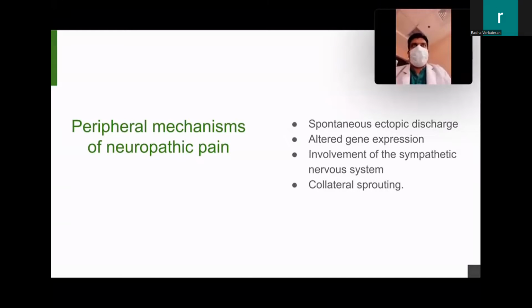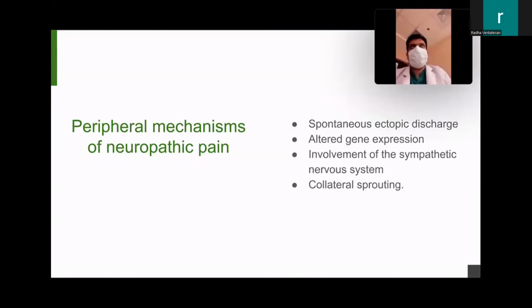Next, we'll see a little bit into the peripheral mechanisms of neuropathic pain. First is spontaneous ectopic discharge. What happens? It self-fires. Already the same inflammatory soup, everything's there, but because of this capacity to self-fire, the intensity or the occurrence is increased, and ectopic firing is a common cause for that.